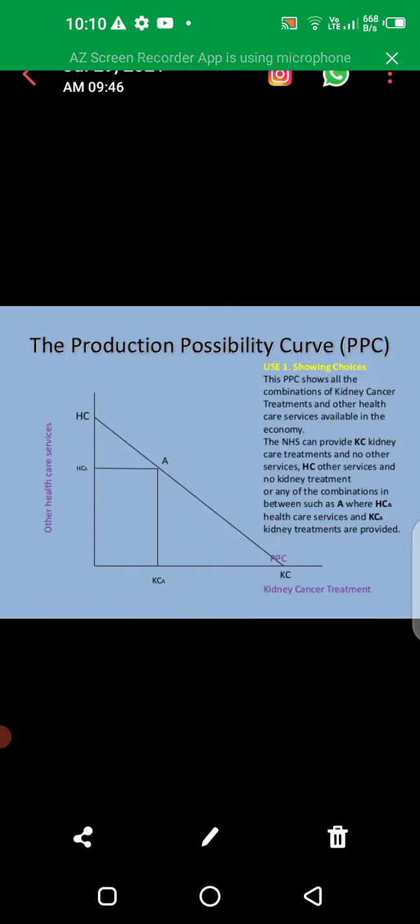Under the PPC curve, there is insufficient utilization of resources: resources are still available, but human beings are not able to use them. Beyond the production possibility curve, we do not have the resources to make that combination of production.